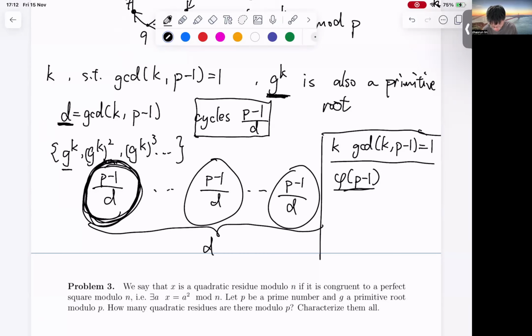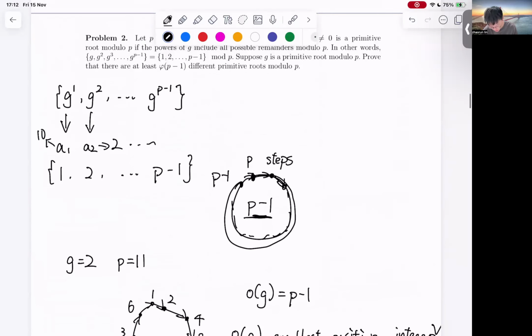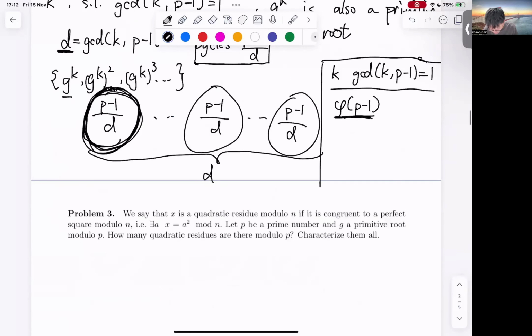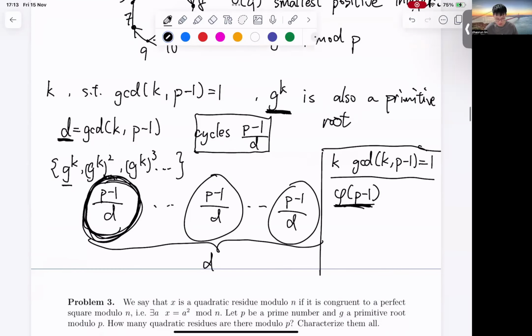So this is why we have this many different primitive roots modulo p. If we have a primitive root g, then for every k co-prime to p minus 1, g to the power of k is also a primitive root.